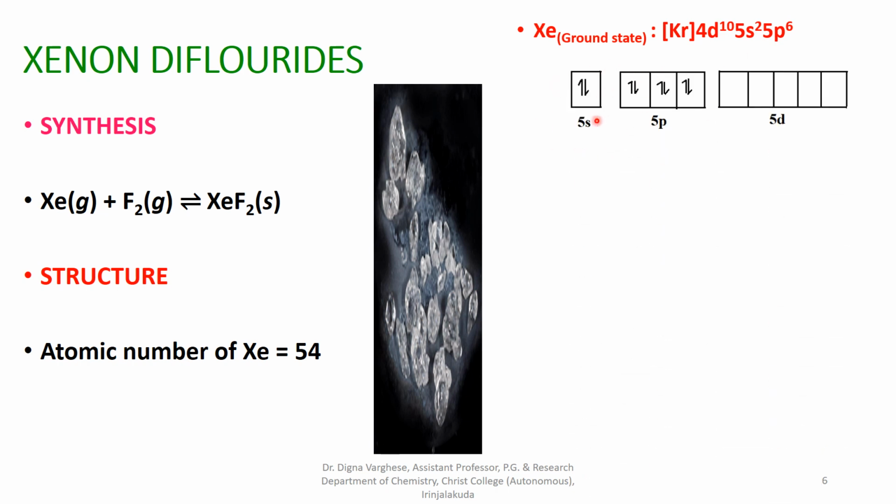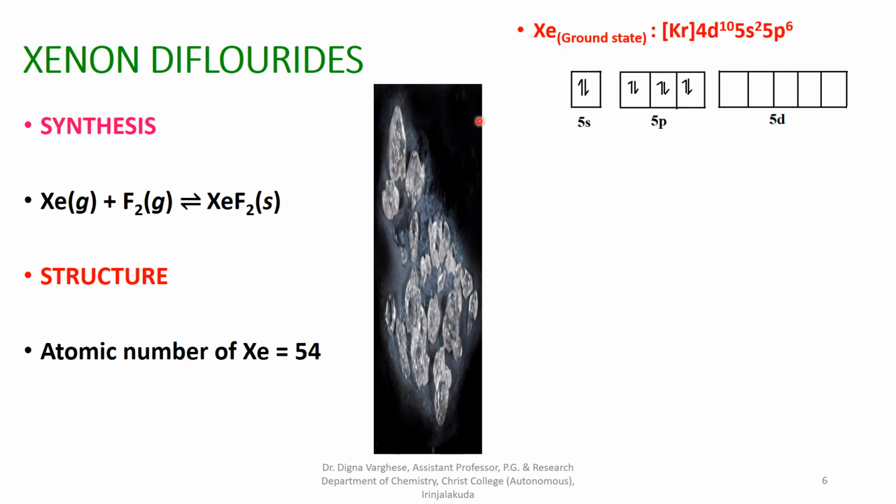The outer valence shell orbitals are shown here: 5s2, 5p6 and 5d0. In the case of xenon difluoride, there are two bonds between xenon and fluorine. Therefore, a xenon atom has two unpaired electrons available for forming two bonds with two fluorine atoms.